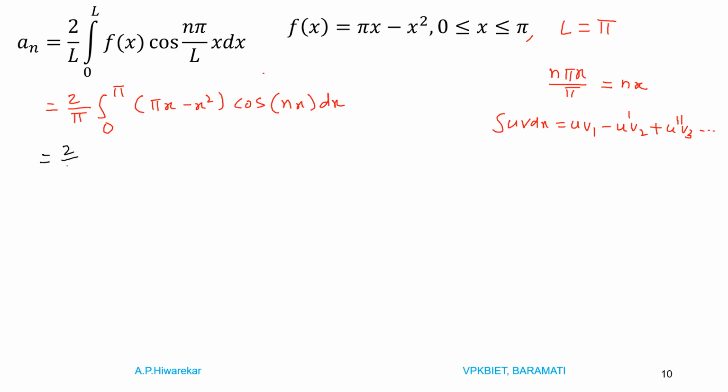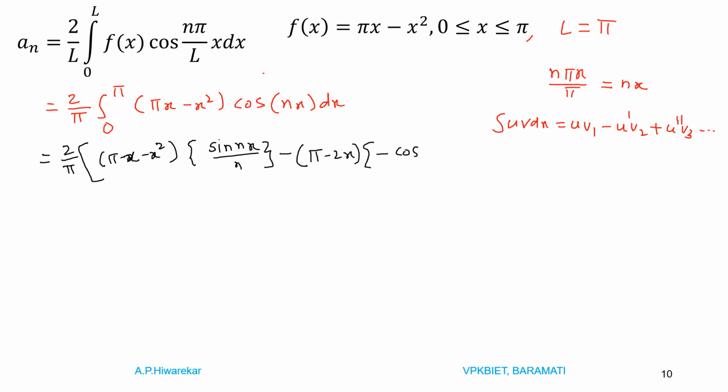So it is 2 by pi, first function pi x minus x square as it is. Then integration of cos nx, we know that is sin nx by n. So this will be sin nx divided by n, minus the derivative of pi x minus x square, that will be pi minus 2x. Integration of sin is minus cos, so that is cos of nx divided by n into n, that gives n square.